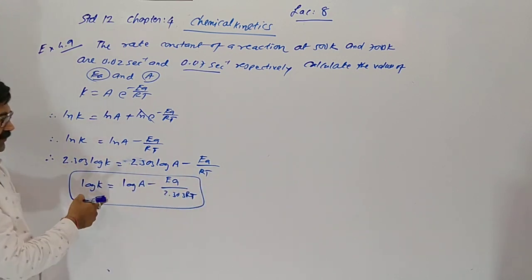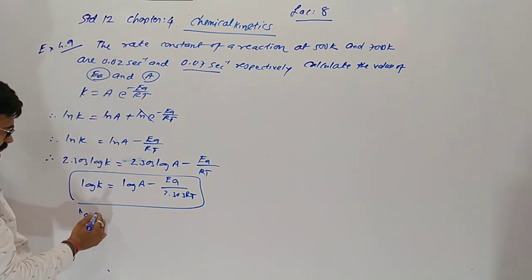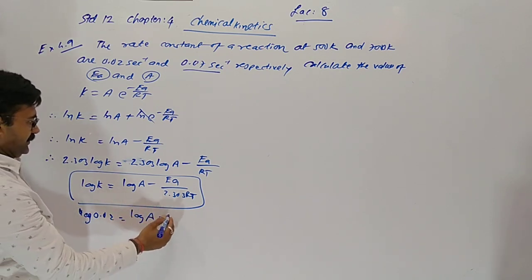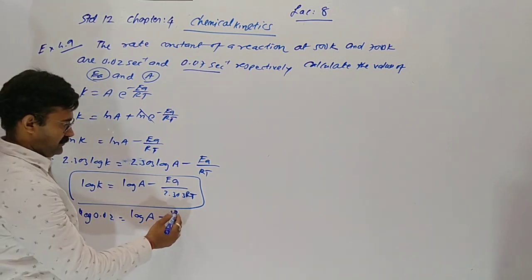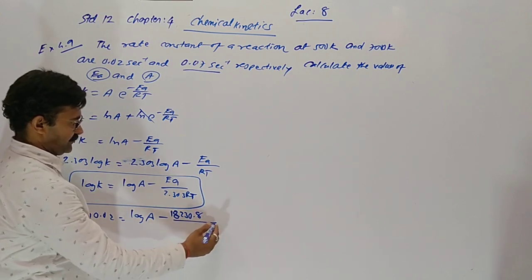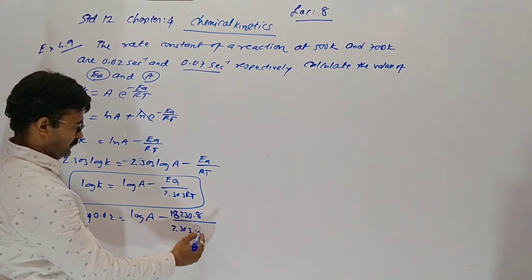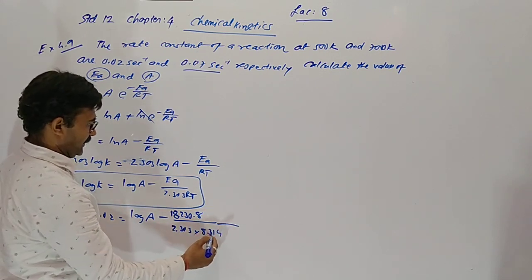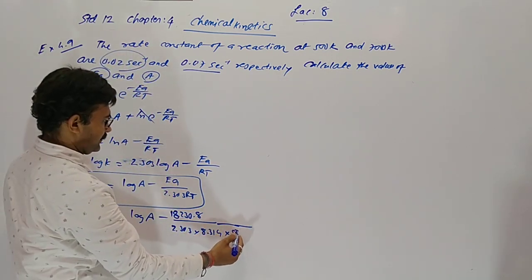Yes, with the help of this we can define A. We are taking the value of k as 0.02. Log k, with A we have defined. This is the defined value 18230.8 upon 2.303, the value of R in joule 8.314, temperature is 500.